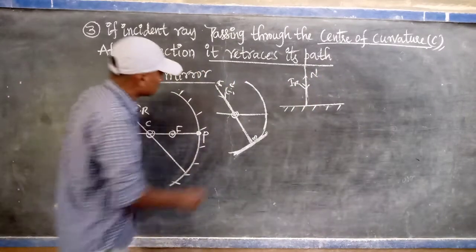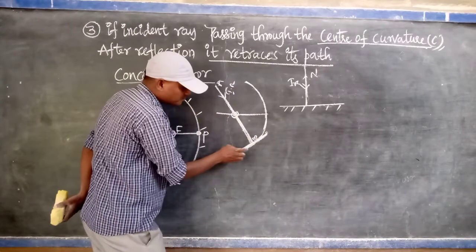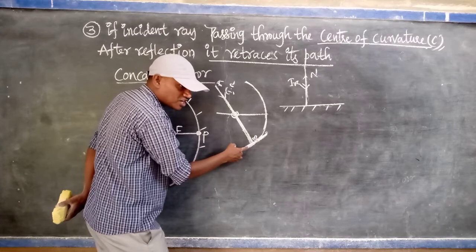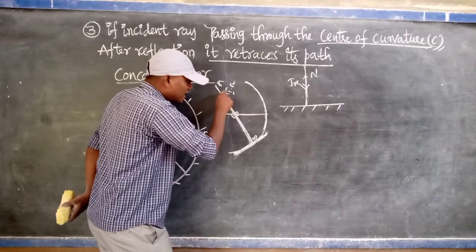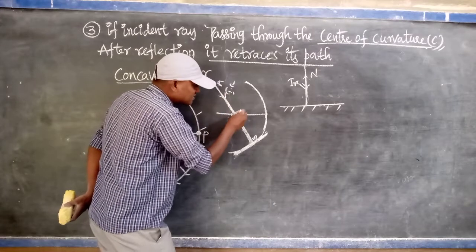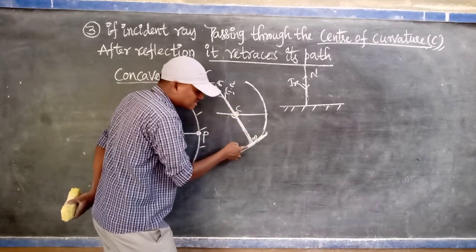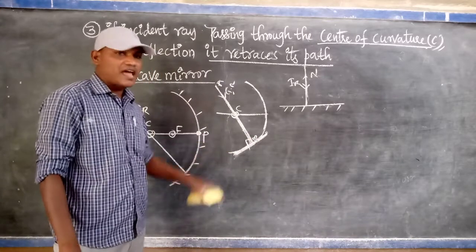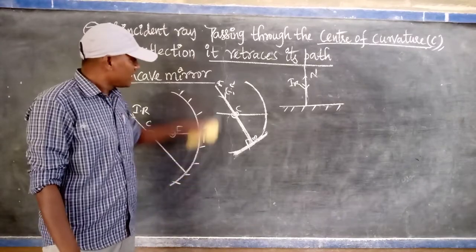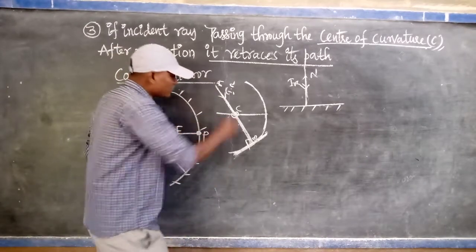That's why here too, if the incident ray falls at this point, after drawing the tangential line, it represents the reflecting surface. The light ray passing through C appears to fall on the reflecting surface normally, meaning at 90 degrees. What is the angle I here? Zero, because the incident ray and the normal are the same.